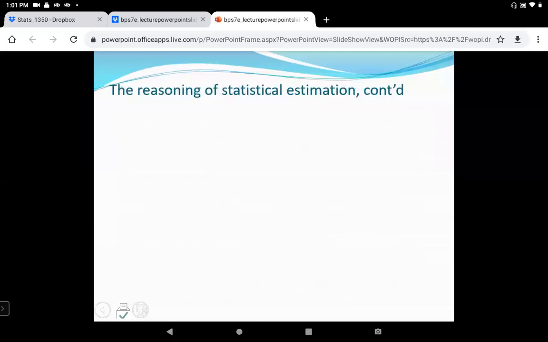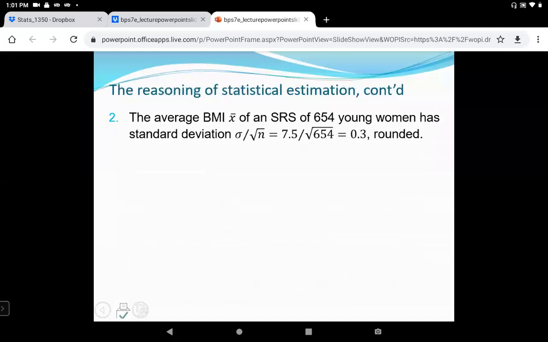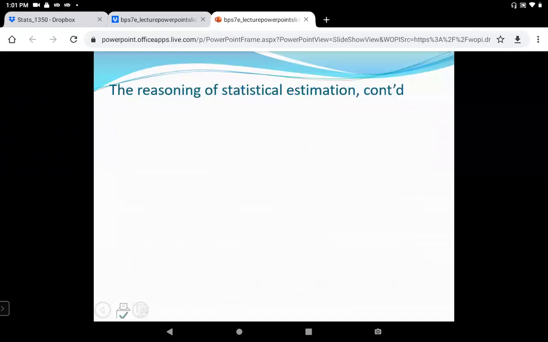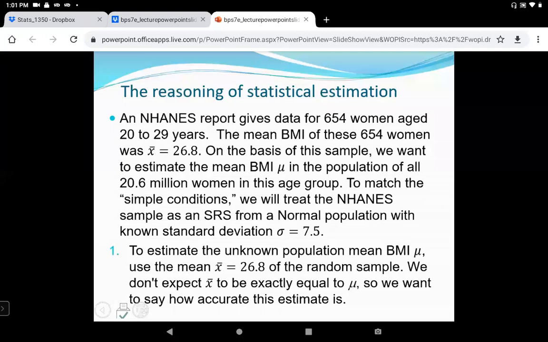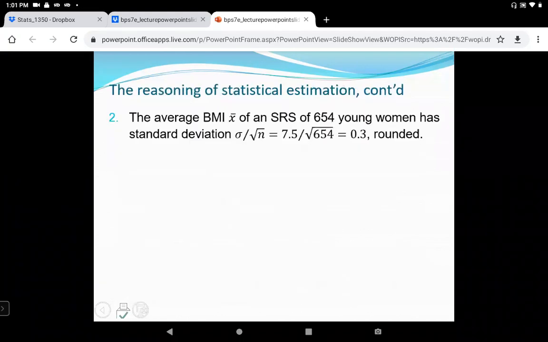The reasoning of statistical estimation continued. So number one was to estimate the unknown population mean mu, use x bar. And number two is the average BMI x bar of an SRS of 654 young women has standard deviation sigma divided by root n, which equals 7.5, the sigma they gave us, divided by root n. n is the number of young women, which equals 0.3 rounded.